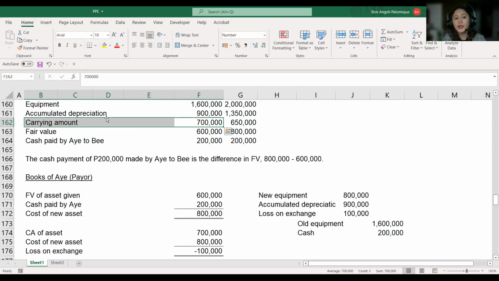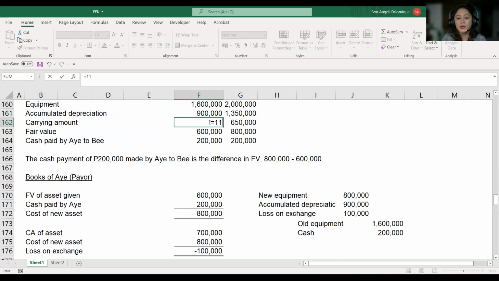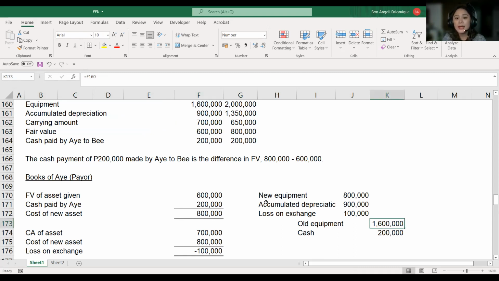Sa books mo, recorded to, equipment at cost, recorded din ganyan. Kaya yun yung carrying amount: 1,600,000 minus 900,000. So, itong 700,000 dito, pag nagre-recognize tayo, kinikredit natin yung equipment at cost and dinidebit natin yung accumulated depreciation, 900,000. So, lalabas dito na may loss on exchange talaga tayo na 100,000.